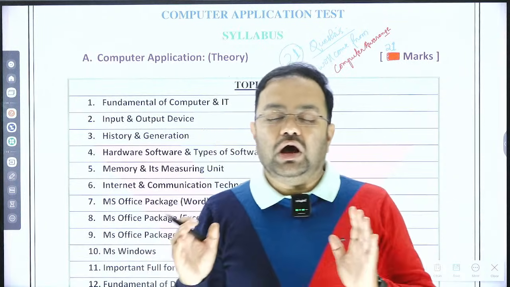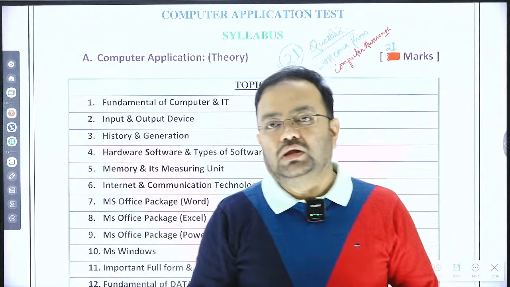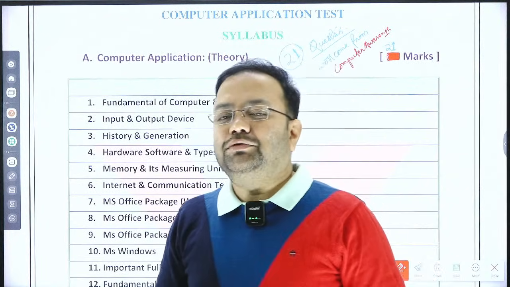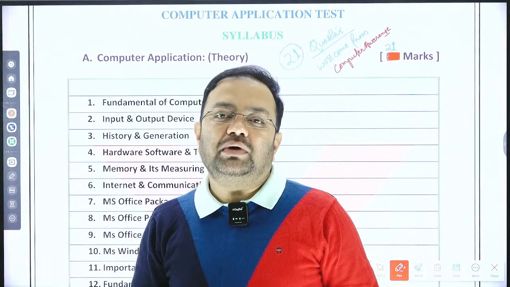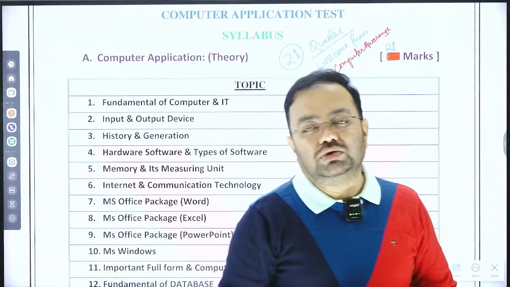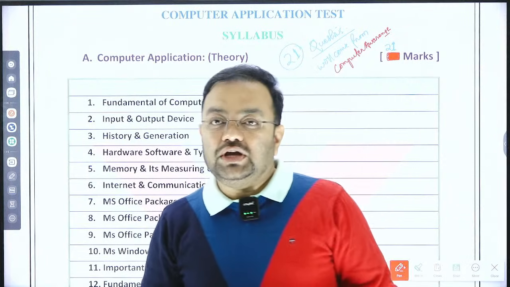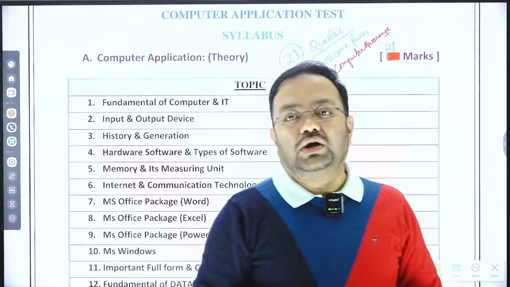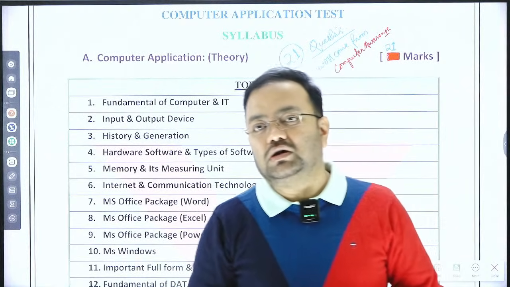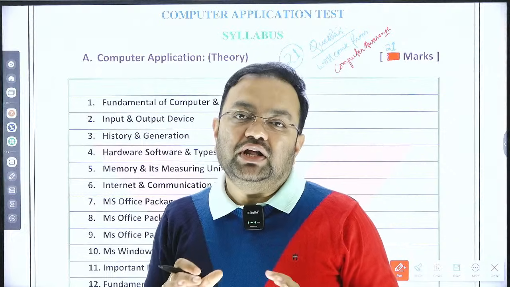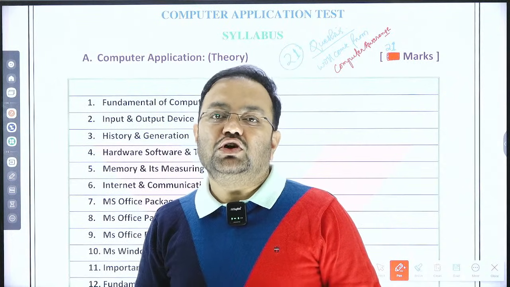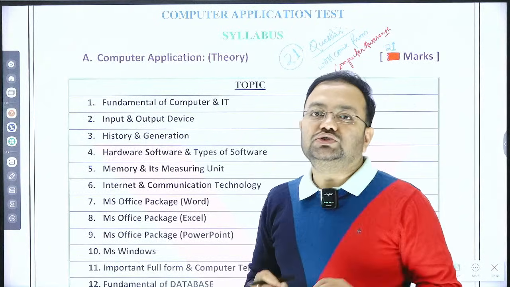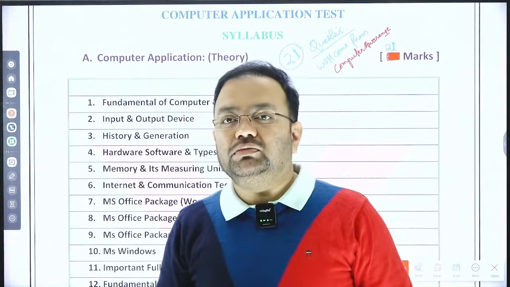Out of 150 MCQs, 30 questions are related to aptitude, that is arithmetic, another 30 questions to data interpretation, DI, and 30 questions to GK and current affairs, but 21 questions are related to the computer awareness part. Our target is all 21 questions of the computer section.